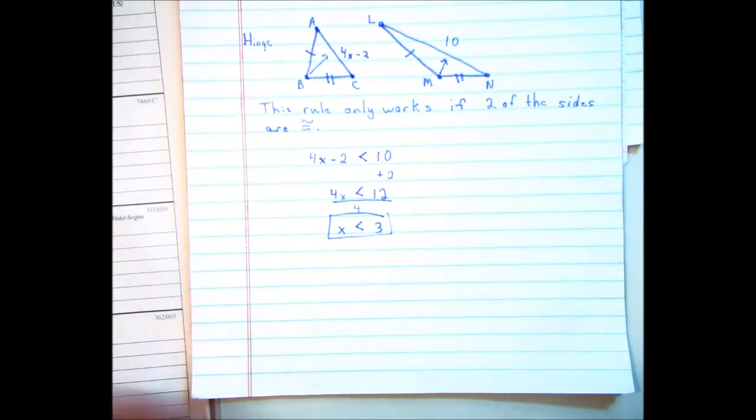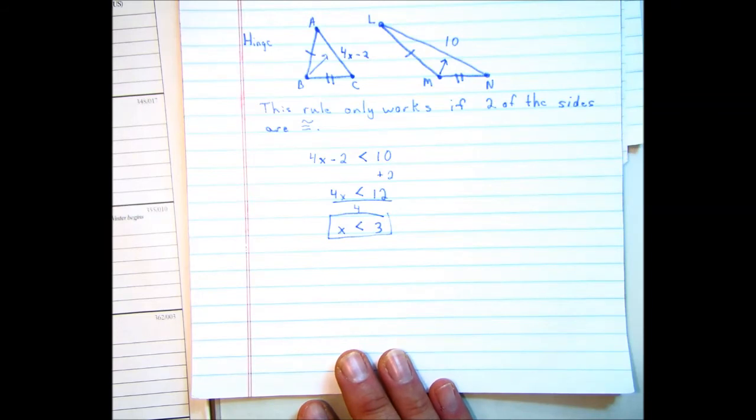One of them is a pair of scissors, and you'll see they give you 2 pairs of scissors. They look at it and they go, okay, so which one is open wider? Which one has a longer distance from the end of the sharpened scissors to the end of the sharpened scissors?